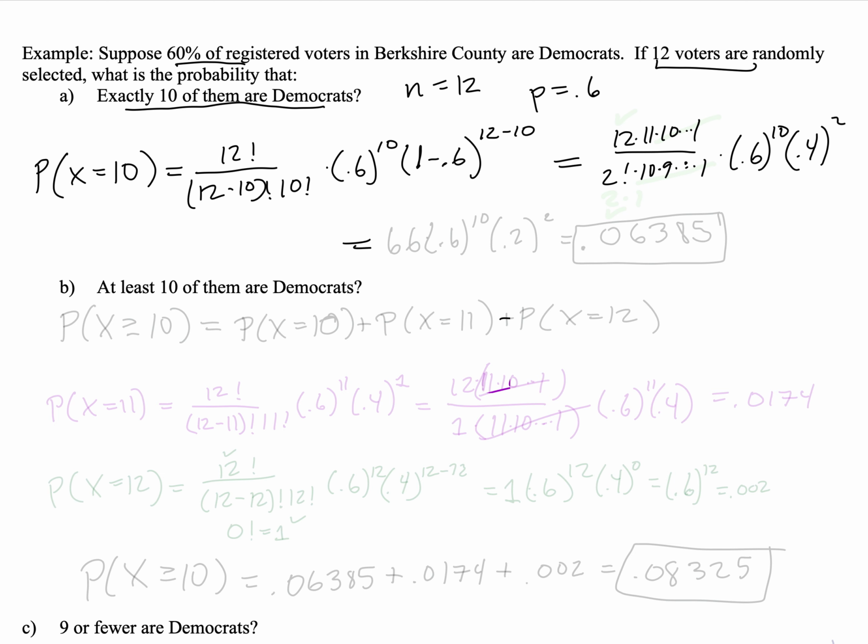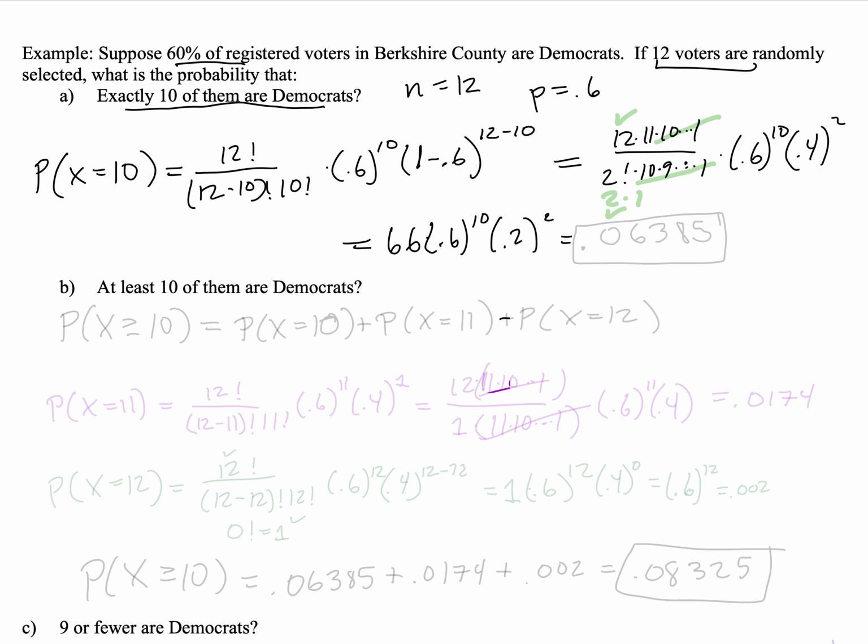Continuing to simplify, we see that the 12 factorial from 10 on down cancels out with the 10 factorial. And so we're left with 12 times 11 over 2 factorial, that's 2 times 1. And so we can further cancel the 12 with the 2 to get 6 times 11, or 66, is what that reduces to, times 0.6 to the 10th power times 0.4 to the second power.